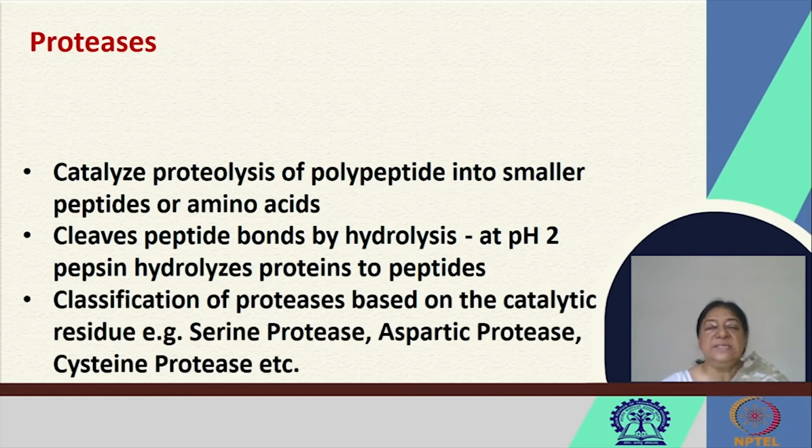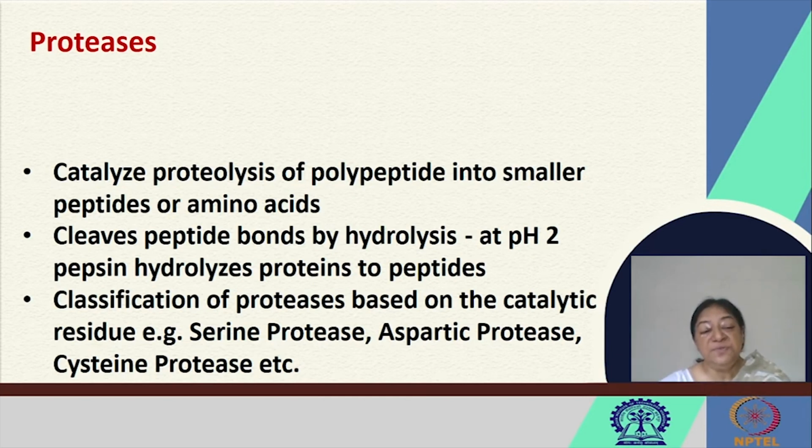Now, proteases, as the name implies, catalyze proteolysis, that is the cleavage of polypeptides into smaller peptides or amino acids. This indicates the cleavage of the peptide bond. This cleavage is possible through several enzymes. For example, at pH 2, pepsin is able to hydrolyze proteins to peptides.